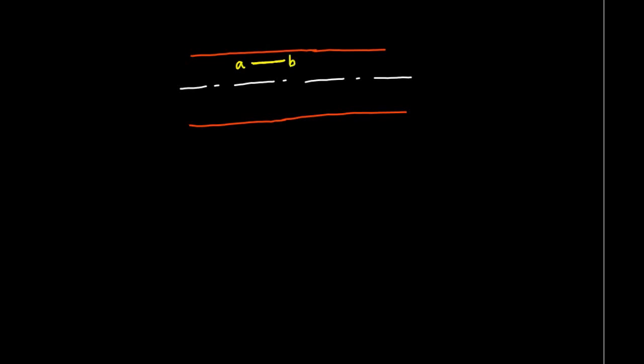Similarly, I'm going to drop a perpendicular, be very careful, so that it meets the neutral axis, and I'm going to call those lines N1, N2. That's right. And I'm also going to consider a layer below the neutral axis.